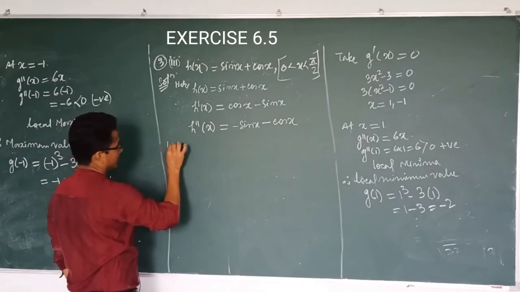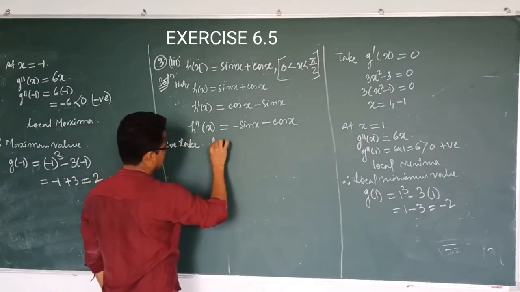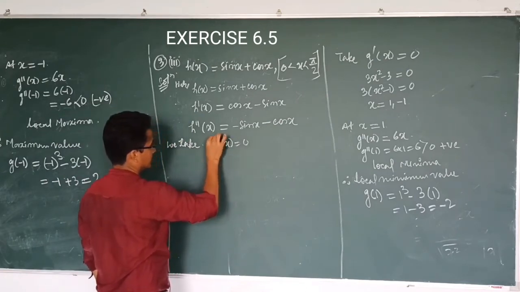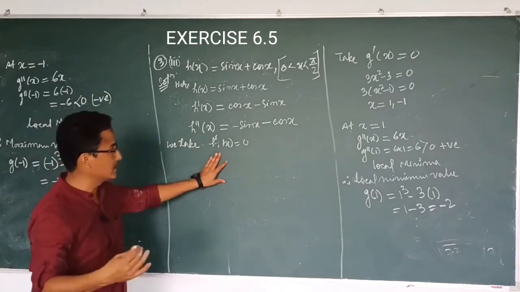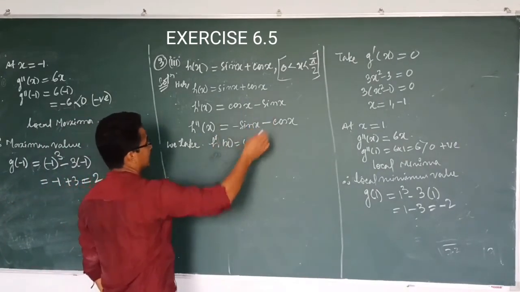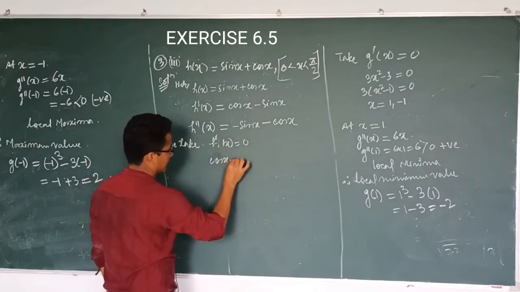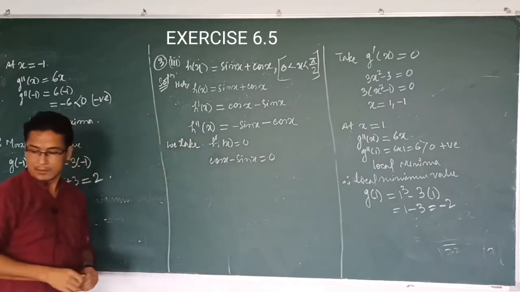So we take h dash x equal to 0. With the help of this we are going to find a critical value. So critical point: cos x minus sin x equal to 0.